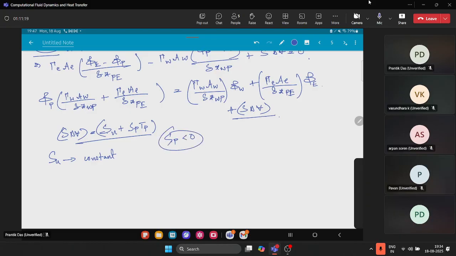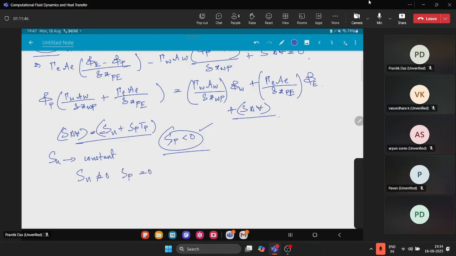This is according to the Scarborough criteria, which gives you diagonal dominance in a matrix, which I will discuss later on. So S_P should be negative if you want a convergent solution. As of now, if I consider a constant source, then S_C is not equal to 0 and S_P equals 0.